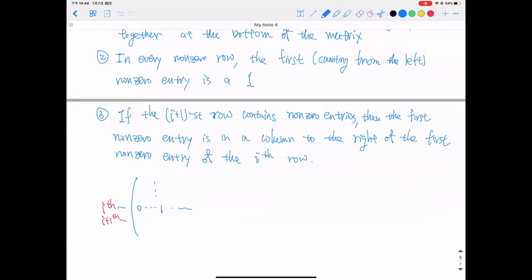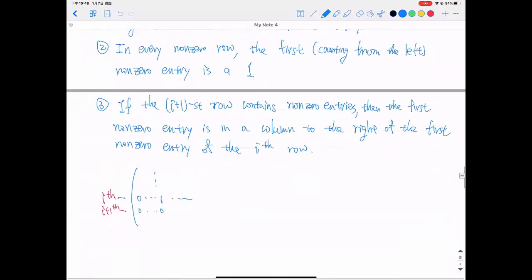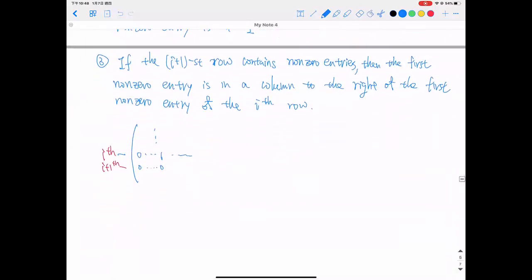Then it's got some non-zero entry somewhere. So it starts with 0 maybe. And the requirement 3 that I just wrote down is that the first non-zero entry in this non-zero row, the i plus first row, is going to have to appear to the right of the non-zero entry on the ith row. Okay, to the right.